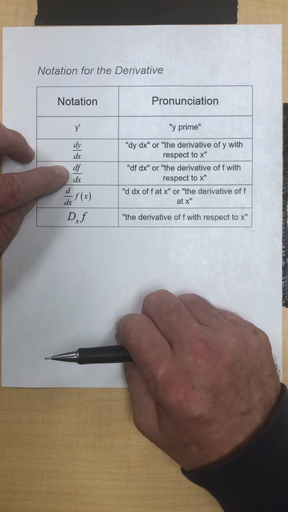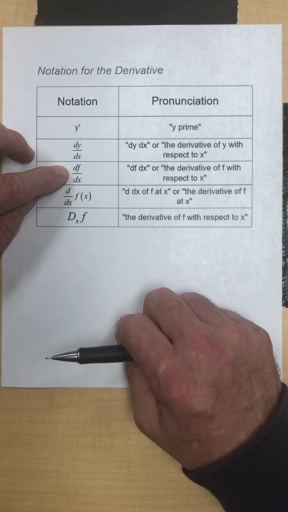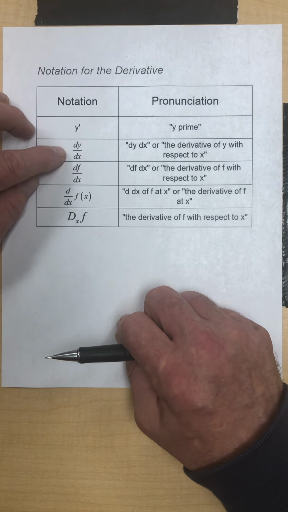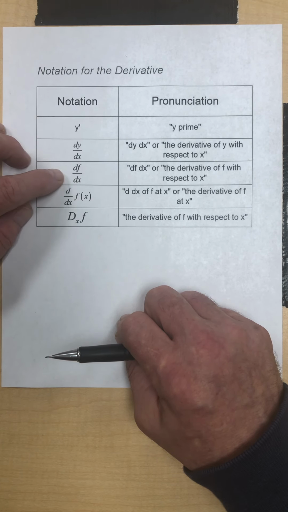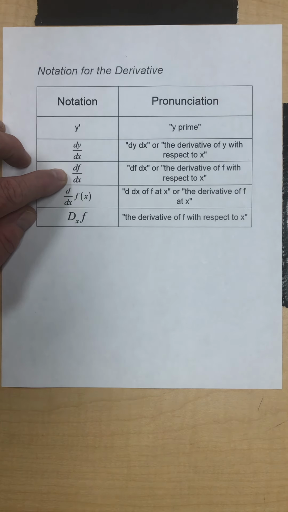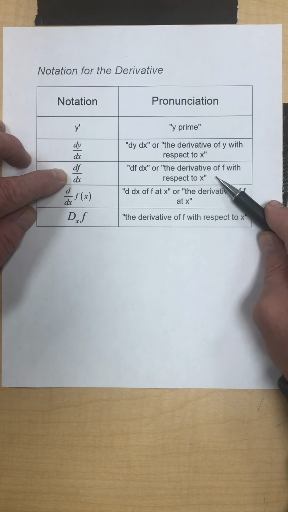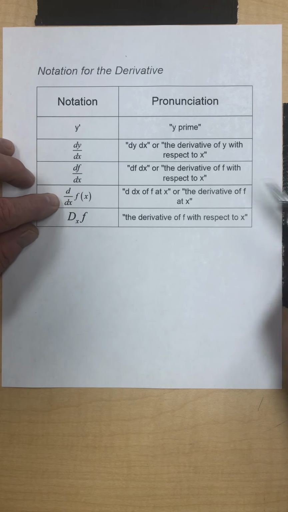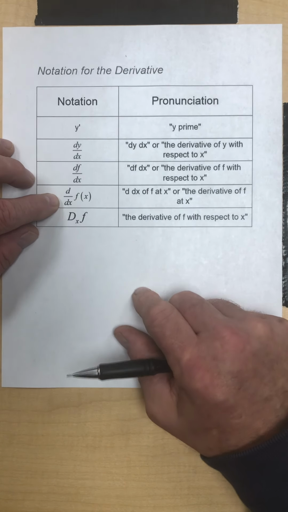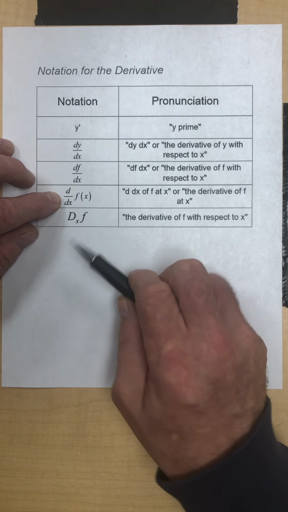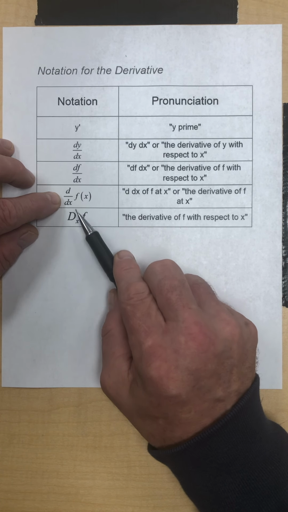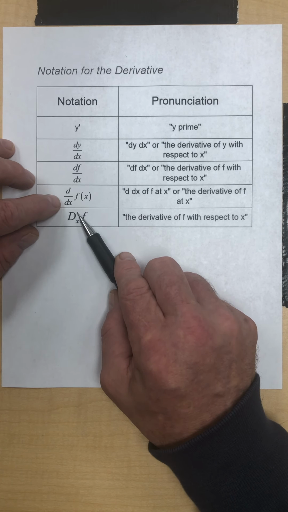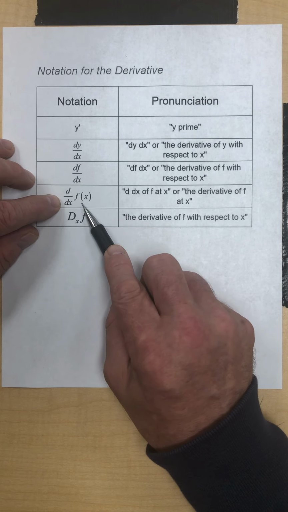So we might say df dx. This one would be reserved for function notation, if we had f of x equals as opposed to y equals. We say df dx, which is the derivative of f with respect to x, the same exact thing. Then sometimes they'll use d dx of f. So d dx means you're taking the derivative of f.